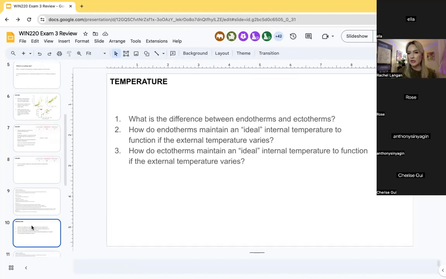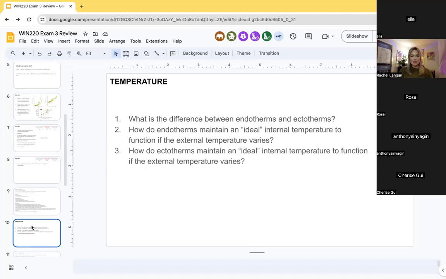Ectotherms do not internally regulate their temperature. Their body temperature just matches whatever the external temperature is. So ectotherms tend to not live in extreme temperatures because they are going to be whatever temperature it is outside.